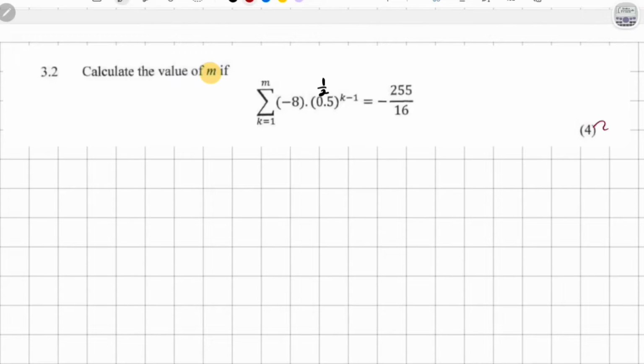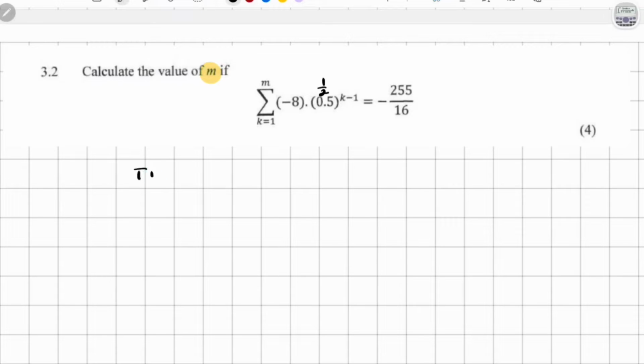Okay, now notice that this is for 4 marks. When it's for 4 marks, the actual calculation usually takes 3 marks because they need to give you a mark for substitution, for either using exponential form or log, and then your answer. So this extra mark is coming from you showing them an expansion of what this looks like.